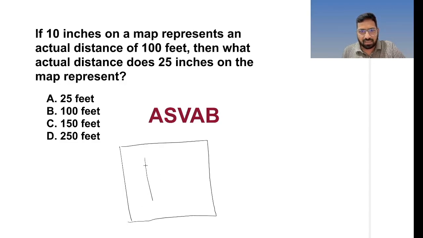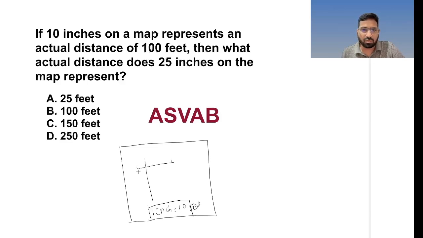The mappings are like these lines represent some value on the page, and it's mentioned below. Whatever the value is, like 1 inch equals 10 feet or something, it's mentioned, right?